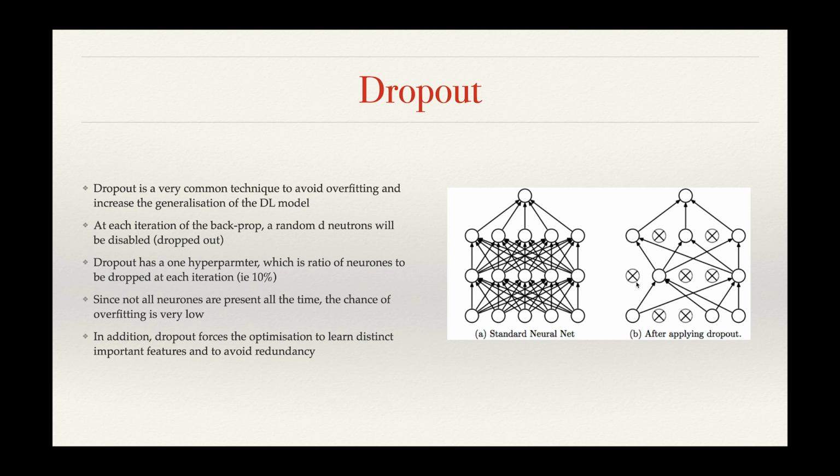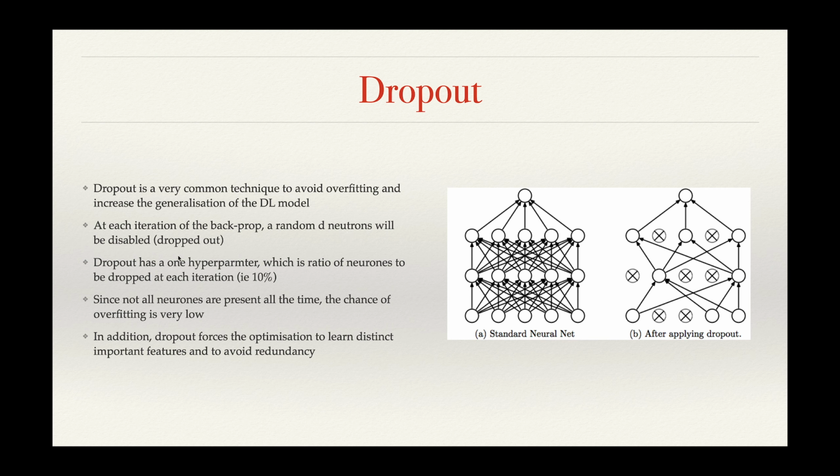At each iteration, the dropout algorithm would randomly select neurons from each hidden layer, or also from the input layer, and drop them out, which means that it will basically disable them. That means they will not be considered in the forward propagation and in the back propagation. So this is basically the idea here. After each iteration, random neurons will be disabled, dropped out.